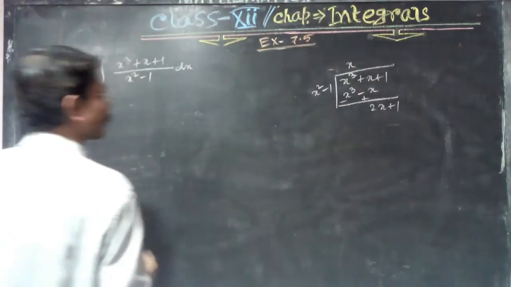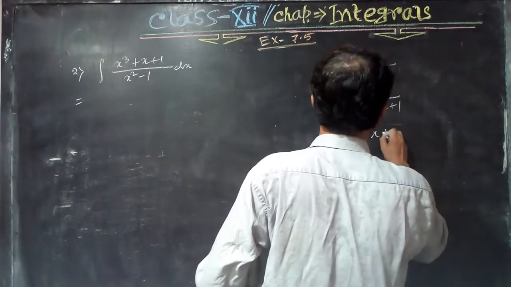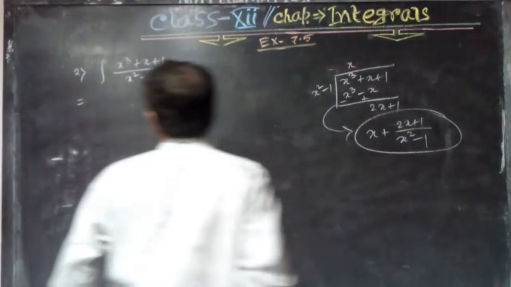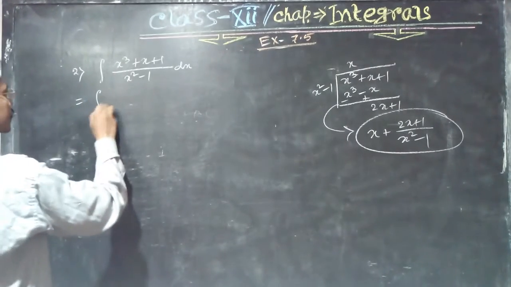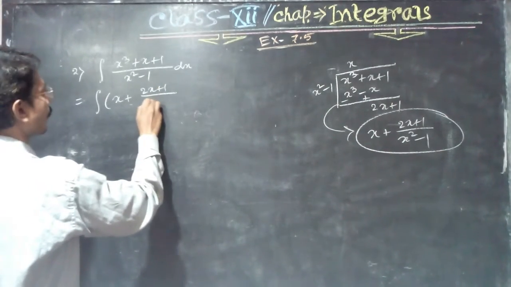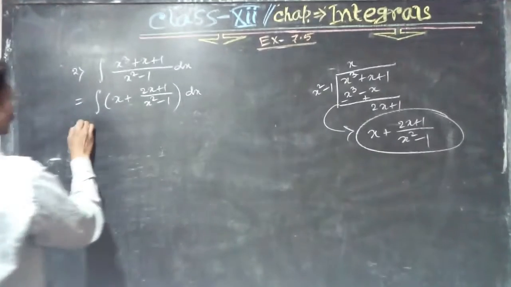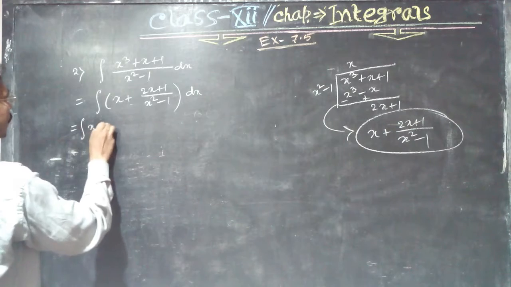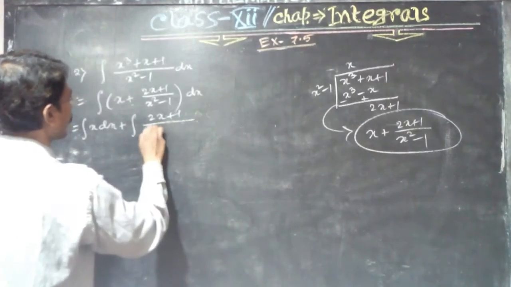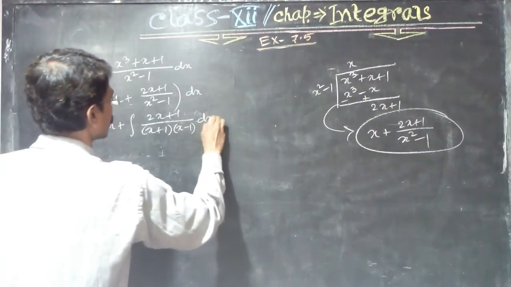So you can write this in this way: x plus 2x plus 1 by x square minus 1. So I write here integration of x plus 2x plus 1 by x square minus 1 dx, equal to integration x dx plus integration 2x plus 1 by x square minus 1, that means x plus 1 into x minus 1, dx.